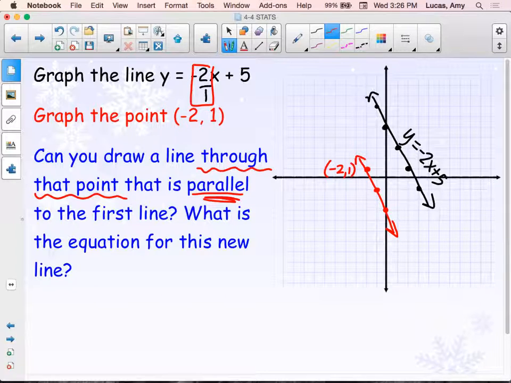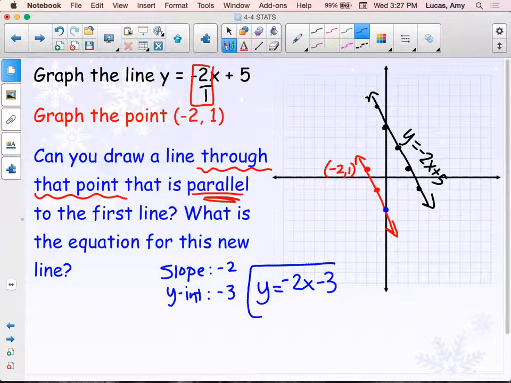And the equation for my new line, I just found my y-intercept right here. So my slope is -2. My y-intercept is -3. So y equals -2x minus 3. That's the equation for my new line.